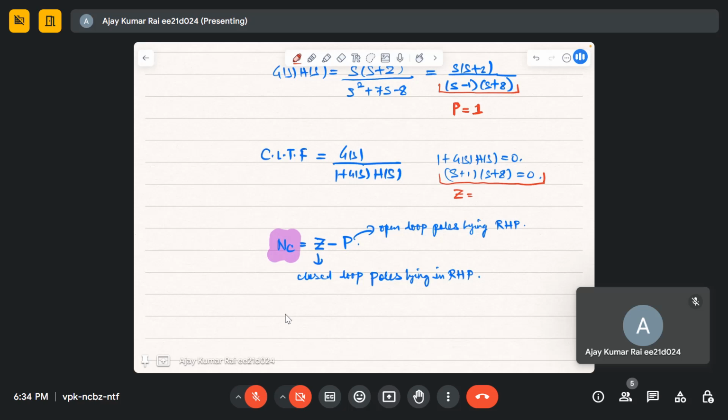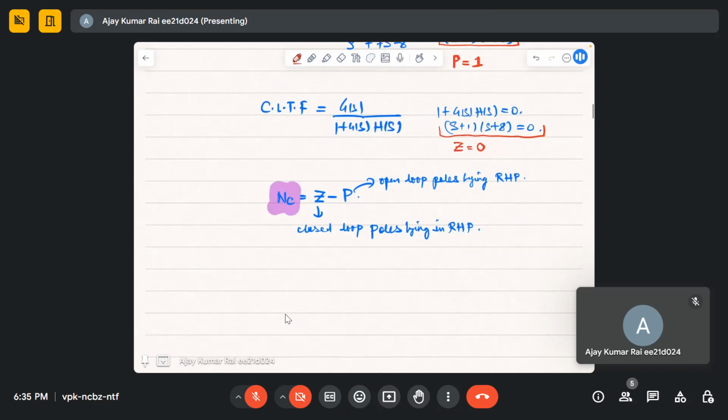The roots of this equation are the closed loop poles, and you can see s1 and s2 both are negative, so they're lying in the left half plane. So Z is equal to 0, right? No closed loop pole is lying in the RHP.